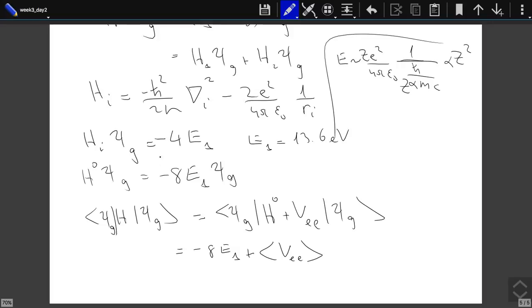Now, by the way, here we have minus 8 E1 is equal to minus 109 electron volts. The experimental value of the ground state is minus 78.976 electron volts. We are off by 30 electron volts, almost 50%. So we have to somehow get a better estimate.